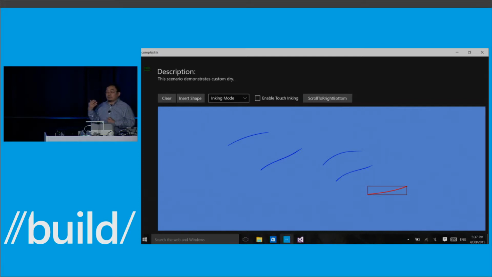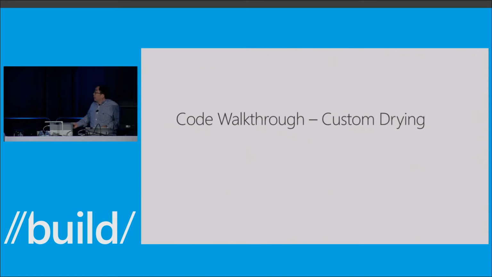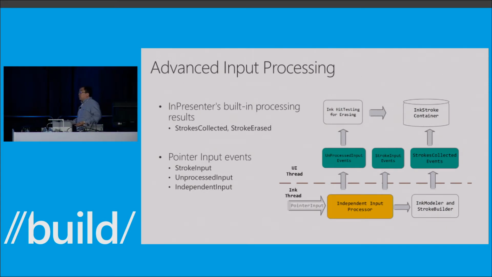And how to build selection with direct ink? And similarly, how to enable a selection mode on devices without active pen, how you can use your finger to select? This takes us to the next topic. I'm going to talk about advanced input processing.